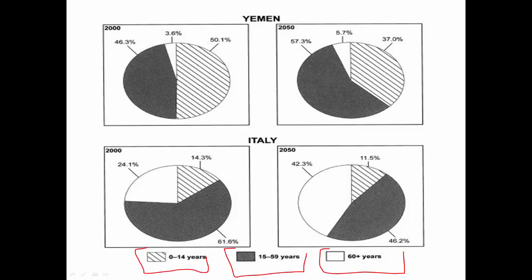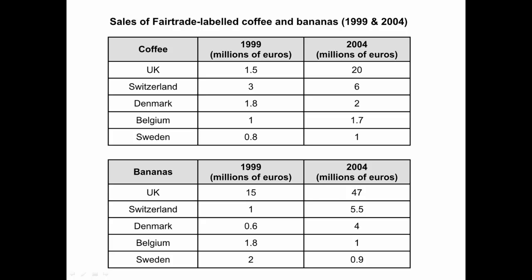So they would say half of the people in Yemen in 2000 were between 0 and 14 years, and just over 14% were in Italy in 2000. That's just getting into too much detail. If you find yourself commenting on percentages or specific categories, then you are getting into too much detail, and those are not the key features that you need to include in your overview.